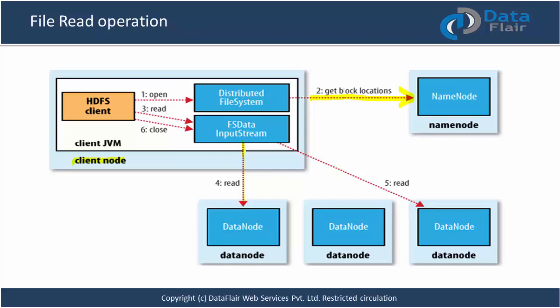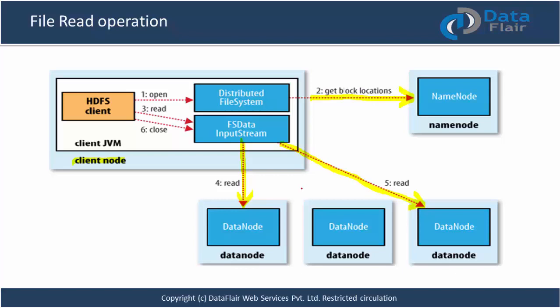The first step is to interact with the name node, and the second step is to directly go to the data nodes and read the files. Guys, reading is done in parallel, so my reading is also very efficient.